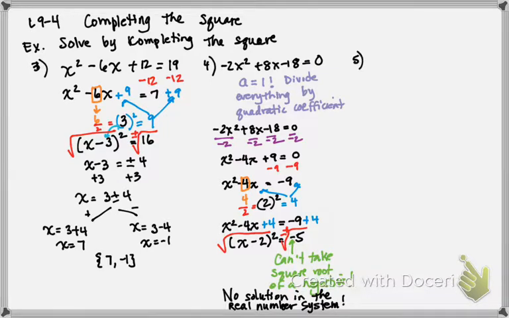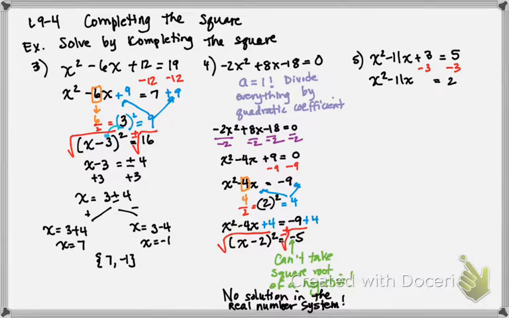So we've got x squared minus 11x plus 3 equals 5. So first and foremost, we need to get the constants together on the right. We have x squared minus 11x equals 2.